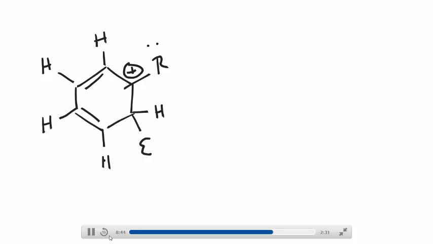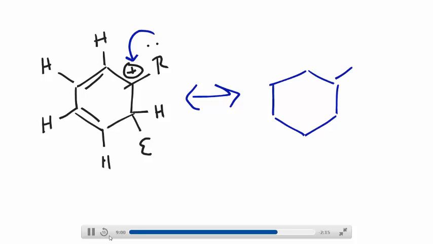Now, if R really does have a lone pair of electrons, what it does is it can actually donate this pair to this position. And as a result of that, you can get this 4th resonance structure, which shows the positive charge being actually delocalized off of the ring and onto whatever this electron donating group is.